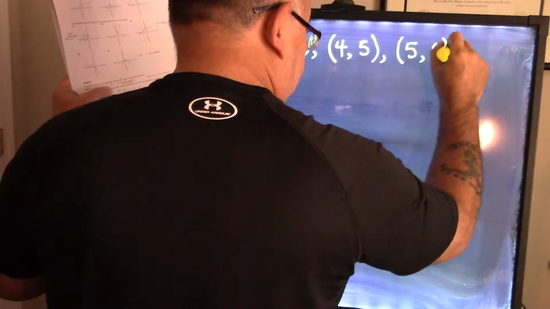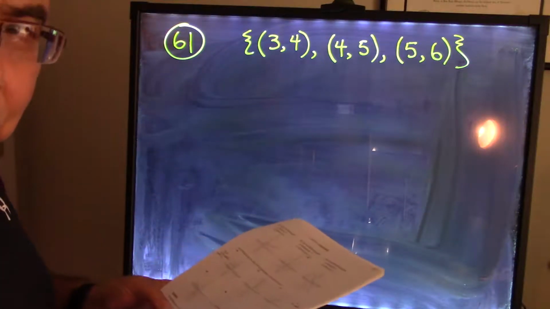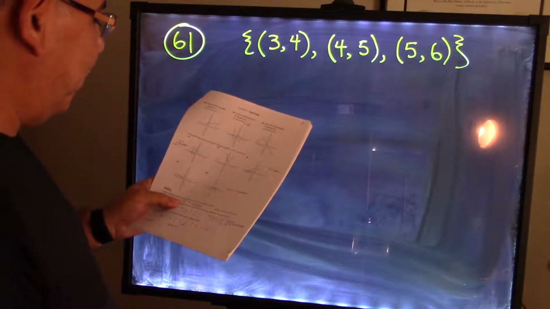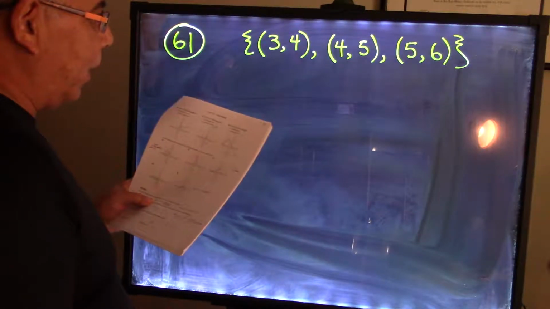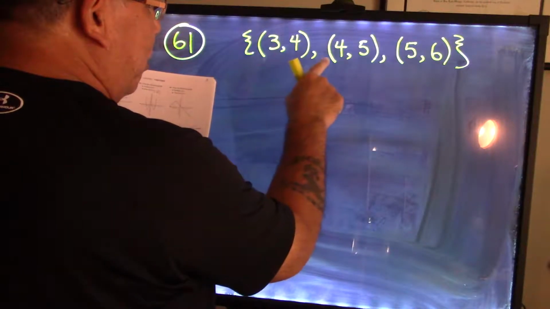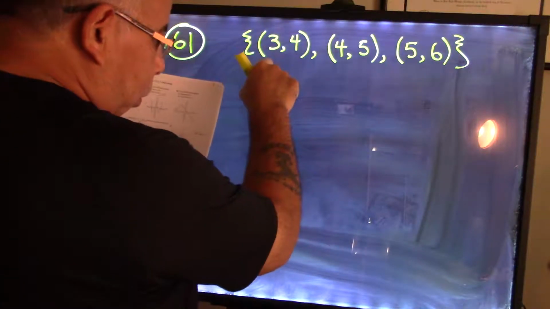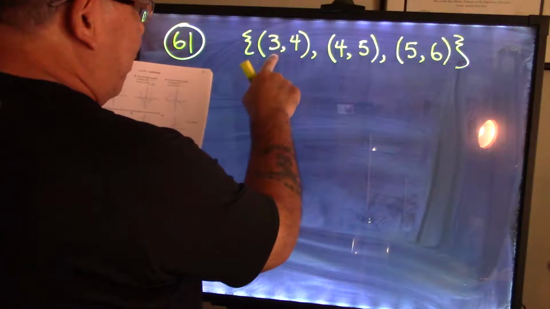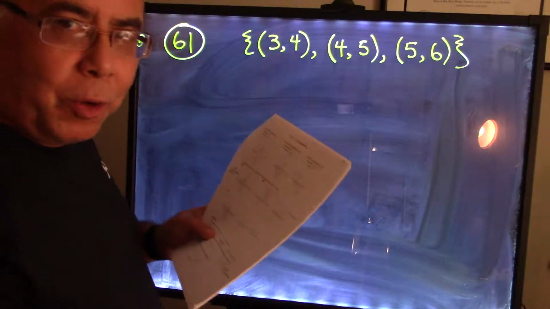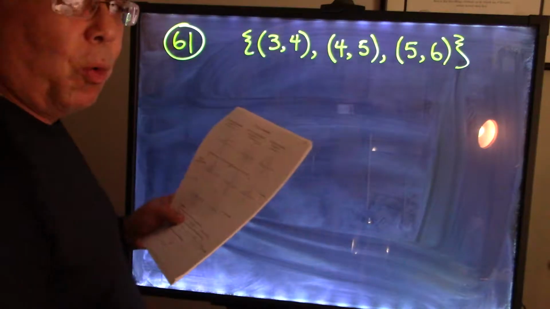Here's a set of ordered pairs that we know is a relation, at least. Now, is it a function, which is a special kind of relation? Well, if it's not a function, an x-coordinate will be paired with more than one different y-coordinate. So, for example, if you had 3, 4 and 3, 5 instead of 4, 5, that would not be a function because the x-coordinate 3 would be paired with two different y-coordinates.